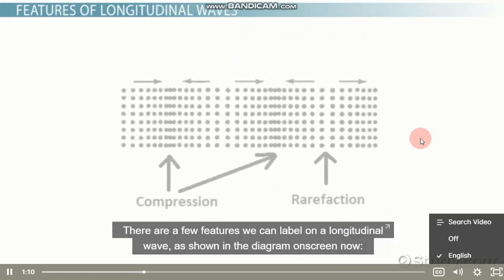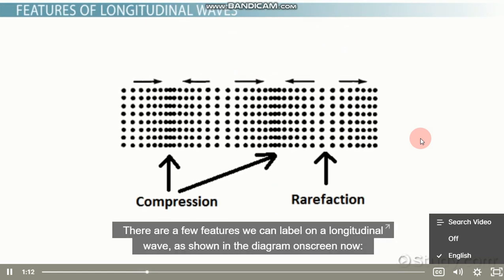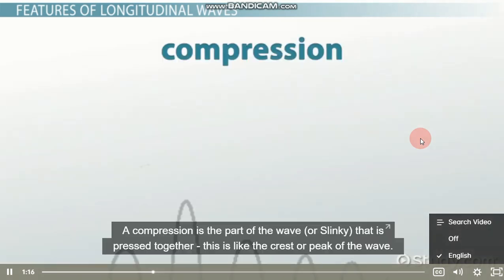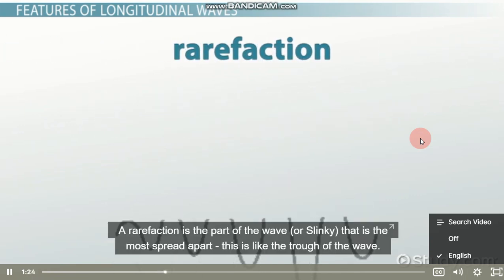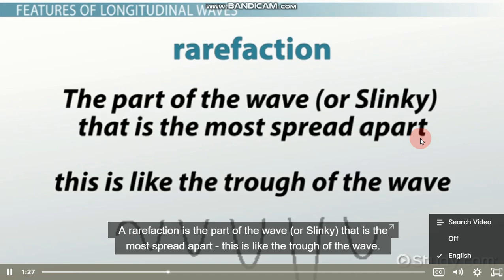There are a few features we can label on a longitudinal wave, as shown in the diagram on screen now. A compression is the part of the wave or slinky that is pressed together. This is like the crest or peak of the wave. A rarefaction is the part of the wave or slinky that is the most spread apart. This is like the trough of the wave.